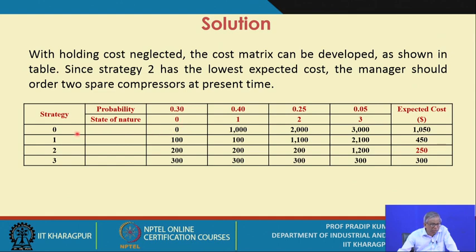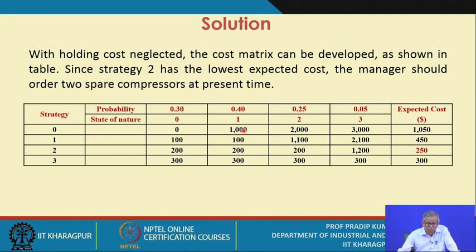Now, suppose your ordering strategy is 0 and the demand is also 0. Obviously, there is no cost involved. If you do not place any order, but there is one failure, your cost will be 1000.